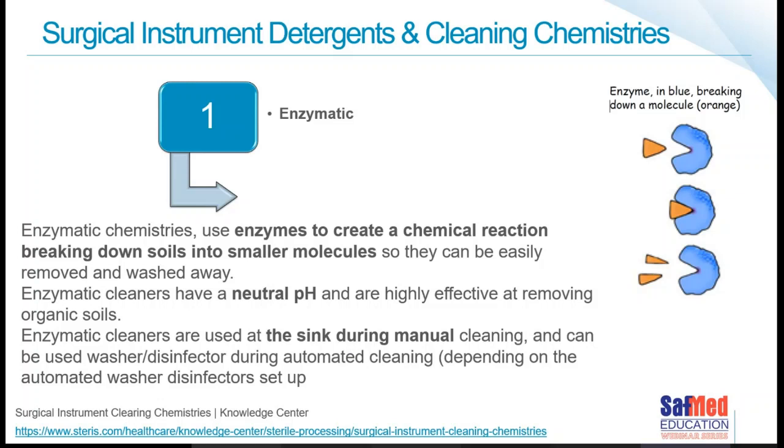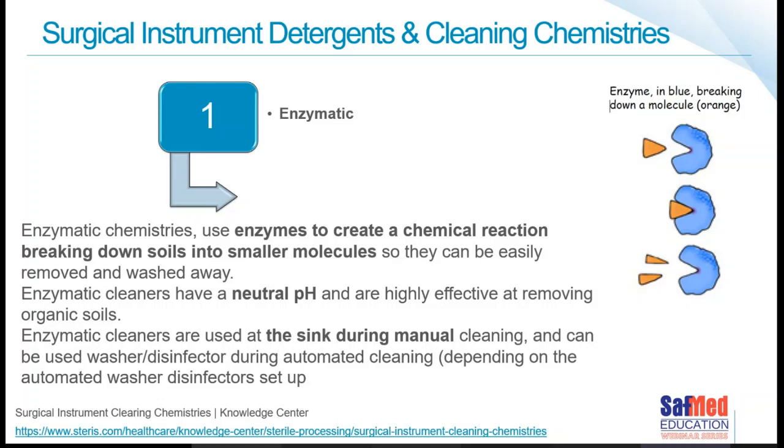To remind ourselves, detergents that are defined as enzymatic detergents are chemistries that use enzymes that help to create a chemical reaction that helps to break down soils into smaller molecules so that those soils can be easily removed and washed away. Enzymatic cleaners or detergents have a neutral pH, and they are highly effective at removing organic soils.